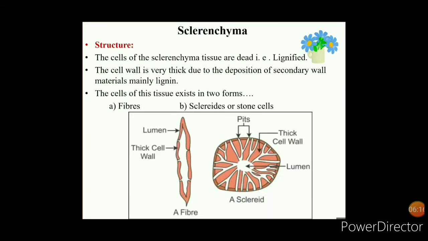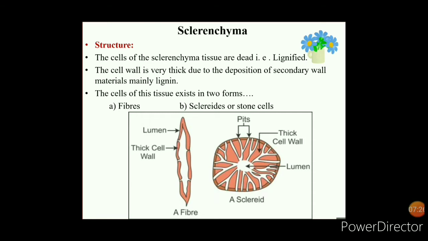The third important simple tissue is Sclerenchyma. The cells of the Sclerenchyma tissue are dead or lignified. What is meant by dead or lignified tissues? During the differentiation process, the cells gradually lose the cytoplasm and show deposition of secondary wall material, mainly lignin, and hence the cell wall becomes thick, and this cell is called a lignified cell.